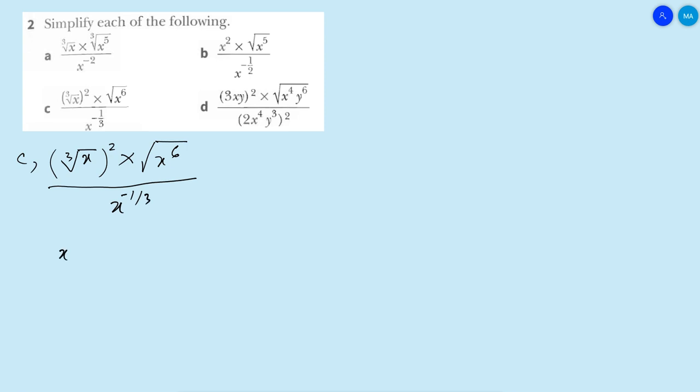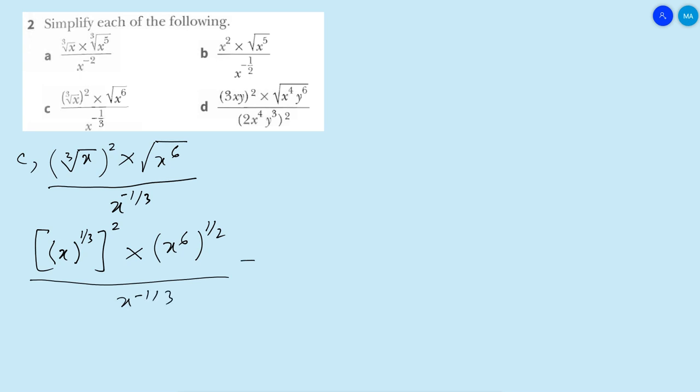This is cube root, so it will be x to the power 1 upon 3, and whole power is 2. This is x^6 and square root means 1 upon 2, upon x to the power minus 1 upon 3.